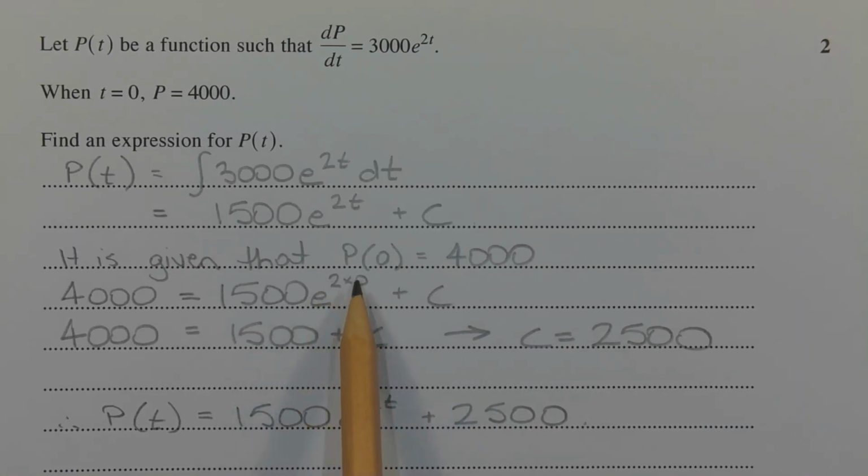Now 2 times 0 is 0 and e to the power of 0 is 1. So the equation becomes 4000 equals 1500 plus c. Hence c is equal to 2500. Therefore, P of t is equal to 1500 times e to the power of 2t plus 2500.